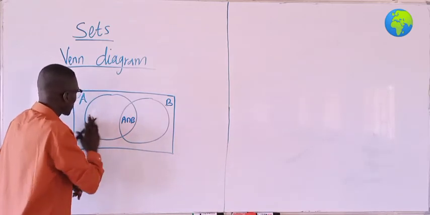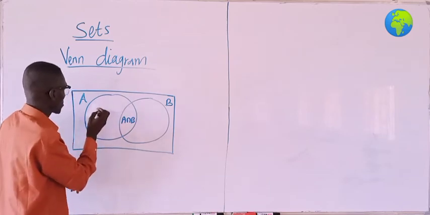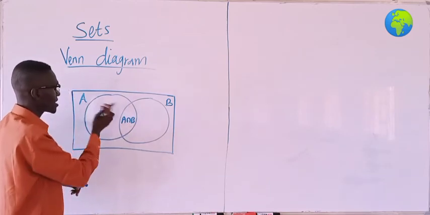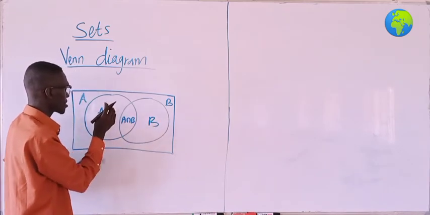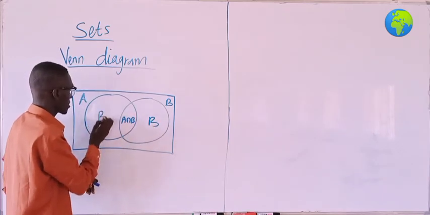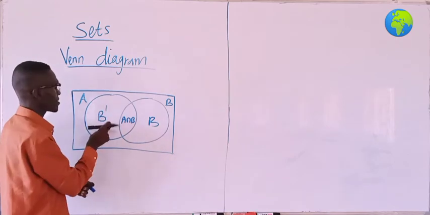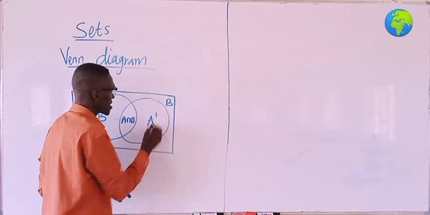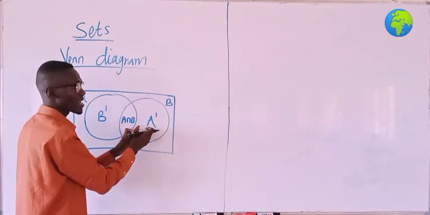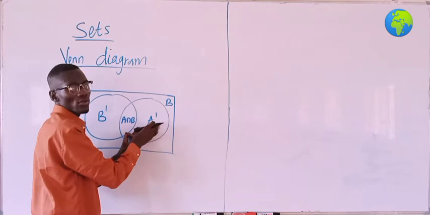Let's just leave it like this. This is A, as I've written here. This is also B. Let's say B complement, because it does not belong here, right? This is B complement. Let's give this A complement, because A does not belong here. So it's the only thing that is remaining when A left.